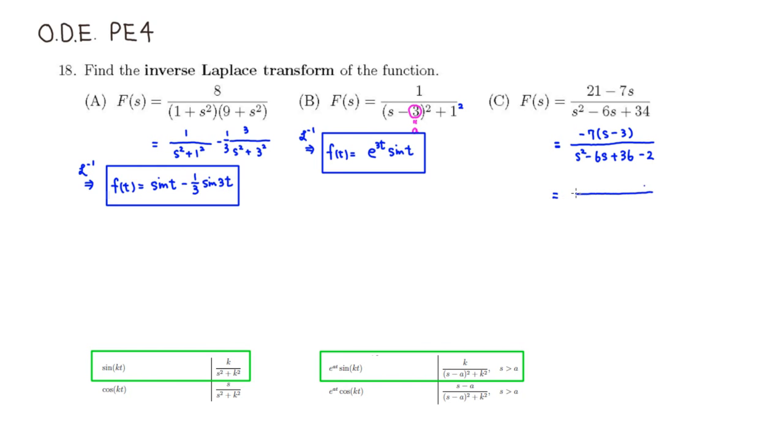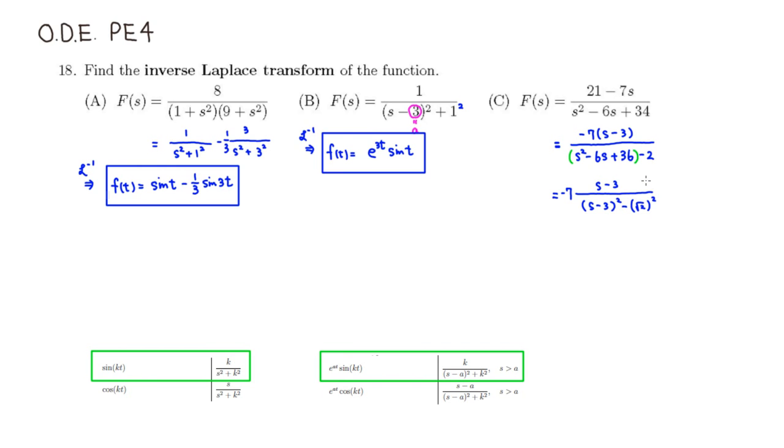I'll put the negative 7 right in front. Then you have s minus 3 on top. Completing the square using those three terms, you get s minus 3 quantity squared, minus, I'm going to write 2 as square root of 2 squared.